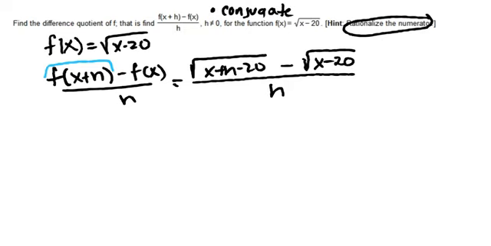And the conjugate is the expression that we see in the numerator, except with a plus sign instead of the minus sign. So it has the opposite sign in between those two radicals.